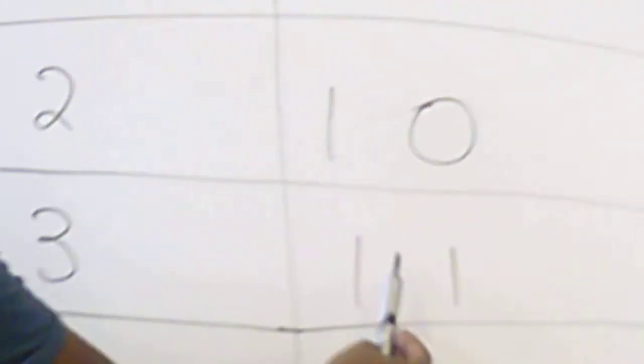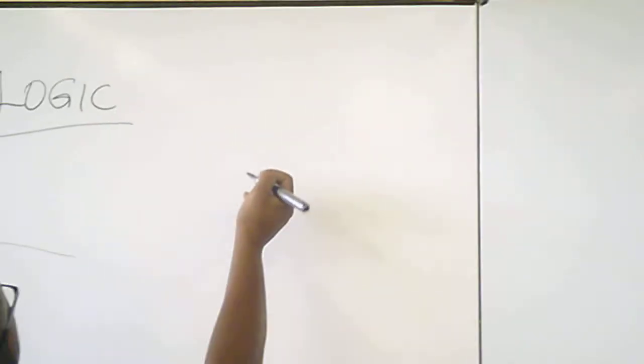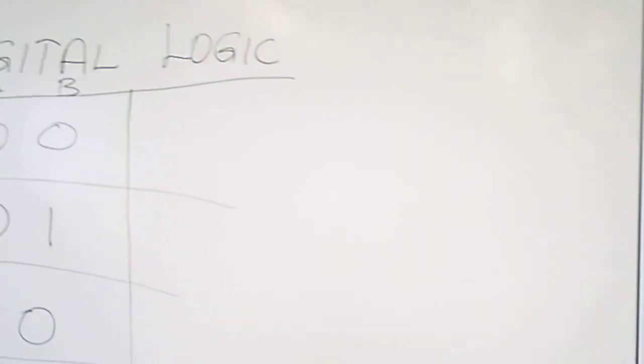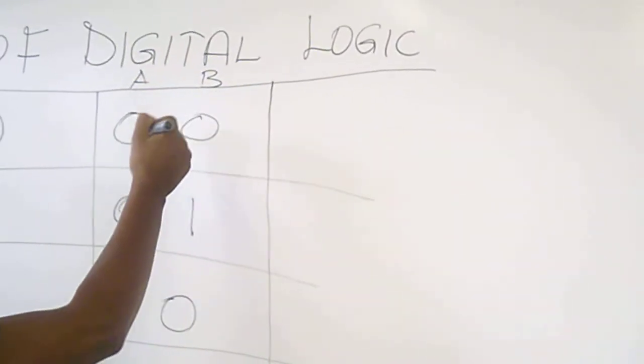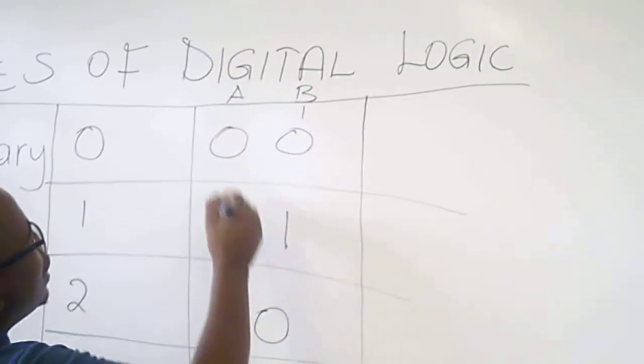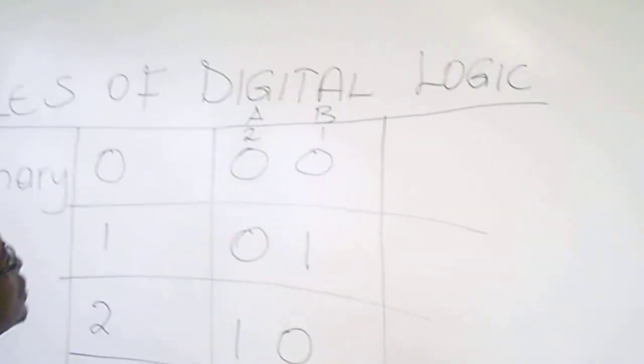How do we come to say that this is 2 and this is 3? Let's say we have this input as 1 and 2.